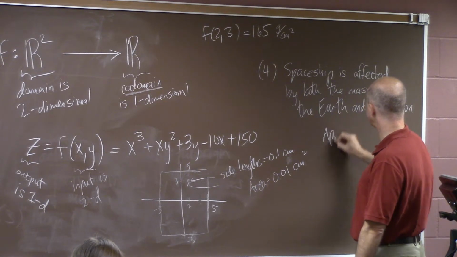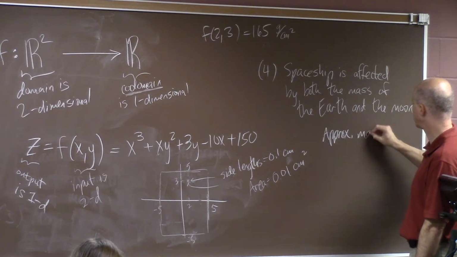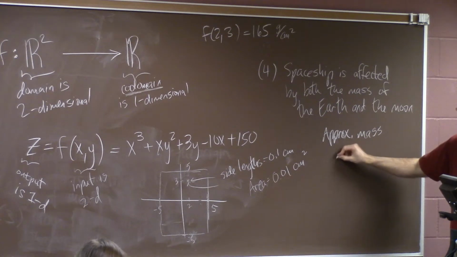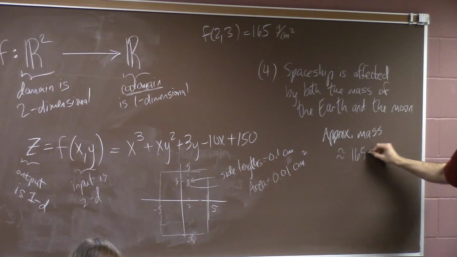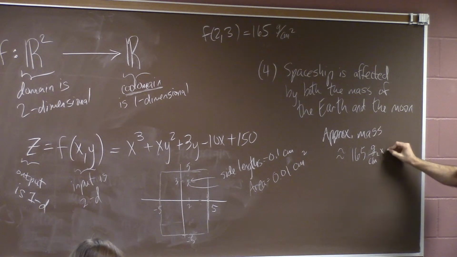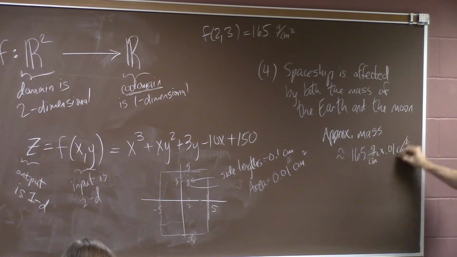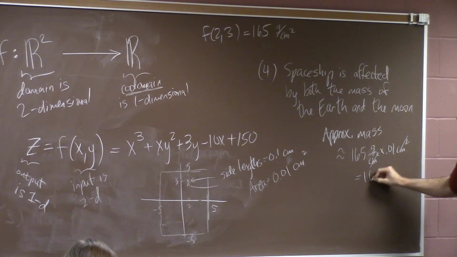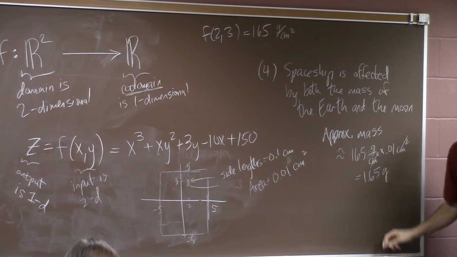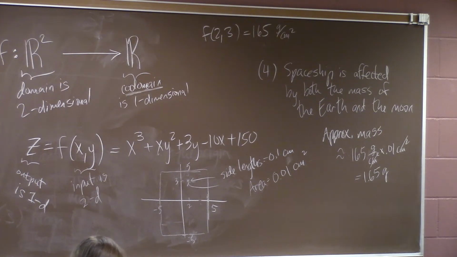So your approximate mass is going to be 165 grams per square centimeter, times 0.01 square centimeters. The square centimeters will cancel, giving you 1.65 grams, which seems reasonable, I guess, but it might have that mass. That's the idea of what the density means. Okay, it helps you find approximations to masses near any point. You cut out small regions of the plate.